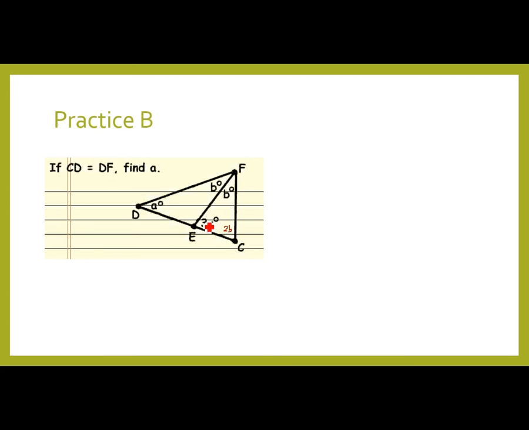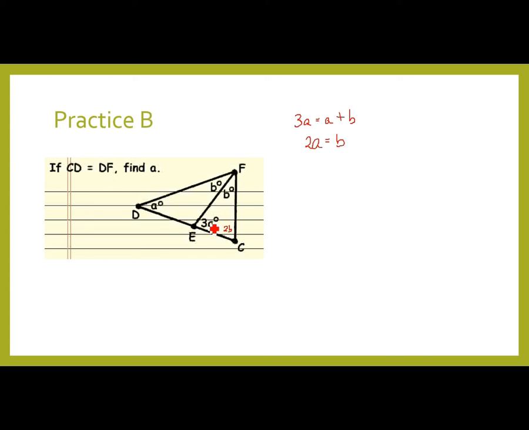You see how this 3a is the exterior angle. So 3a actually equals a plus b because the exterior angle is equal to the sum of the two remote interiors. And if we get all of our a's on the side, we know that 2a is the same as b. And that's a nice substitution that we have there.